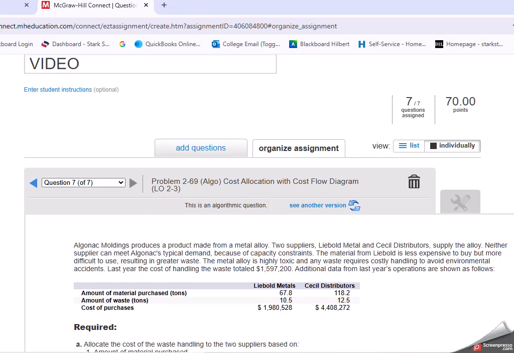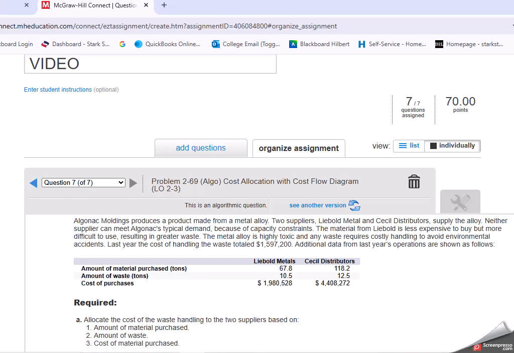The metal alloy is highly toxic, and any waste requires costly handling to avoid environmental accidents. Last year, the cost of handling the waste was $1,597,200.